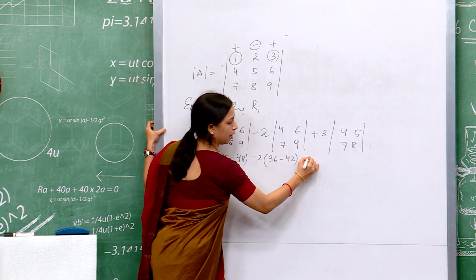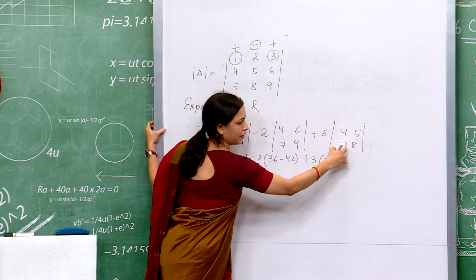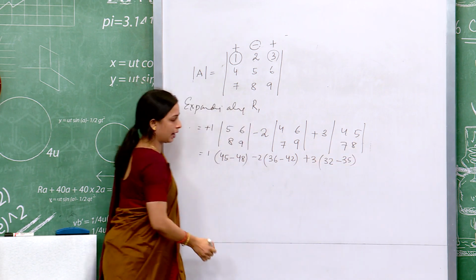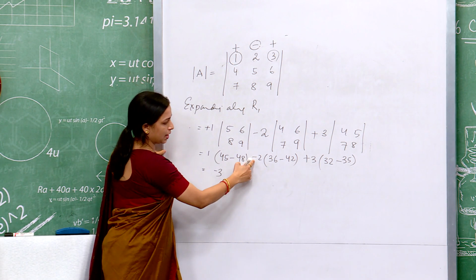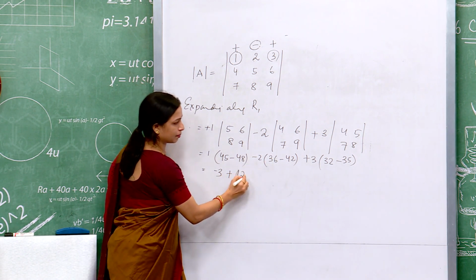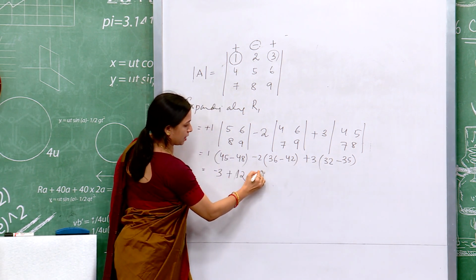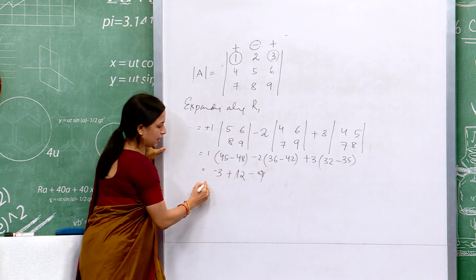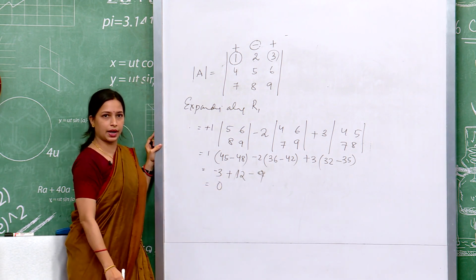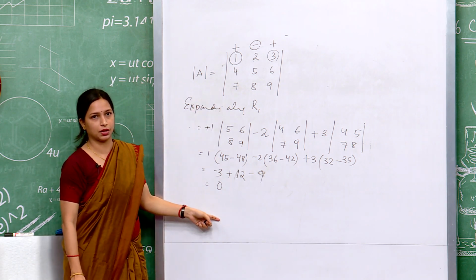Again, 4 into 8, 32, minus 5 into 7, 35. So, we get minus 3, this is minus 2 minus 6, so plus 12. And this is 3 into minus 3, minus 9. So, the resultant is 0. So, this is the value of the determinant.